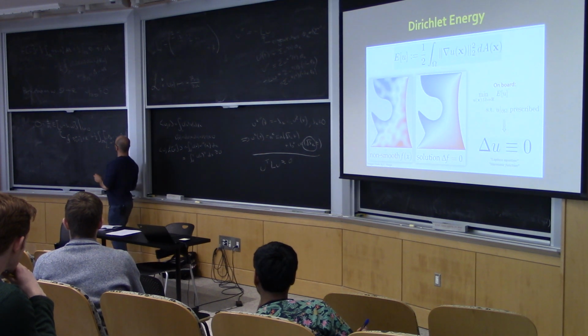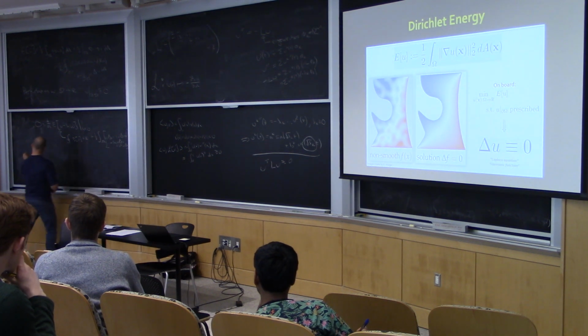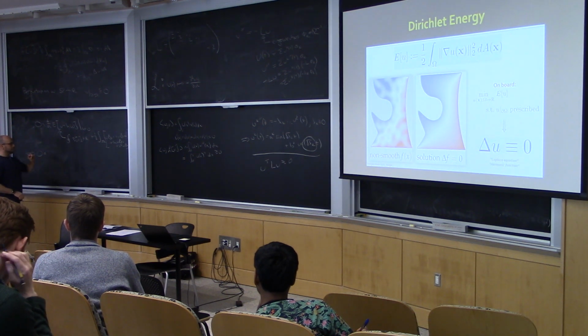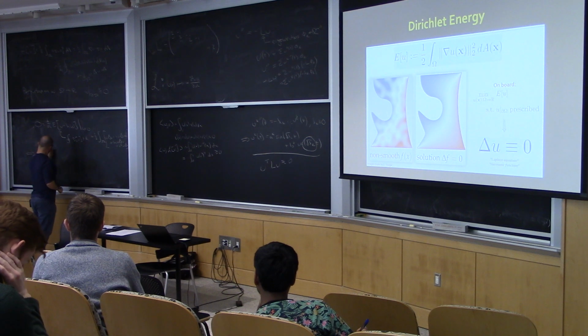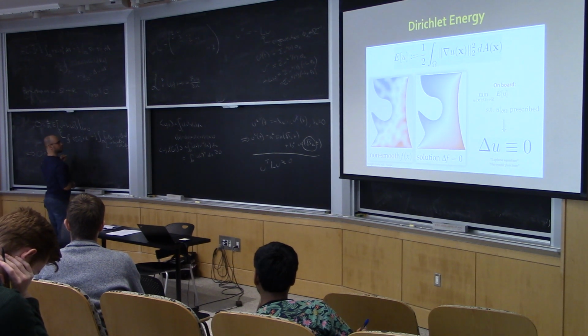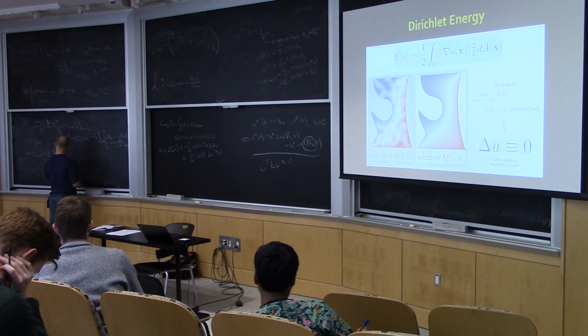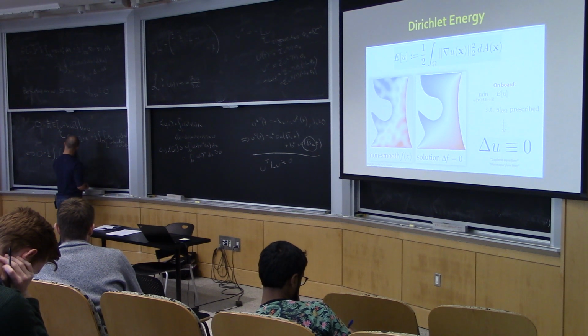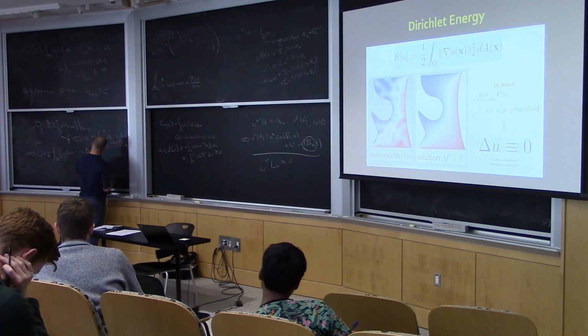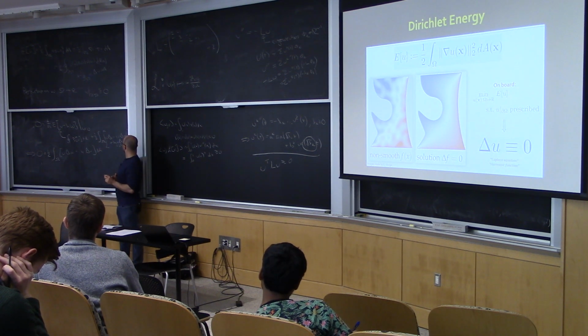So in effect, what do I get? I get that 0 is equal to 1/2 the integral over omega of u Laplacian w plus w Laplacian u, like that. Did I do that right? Okay.